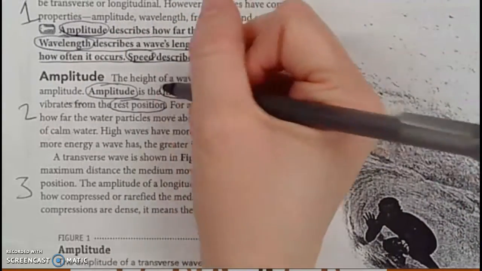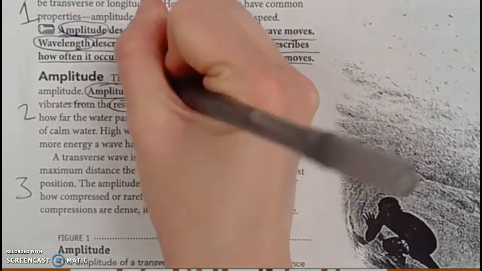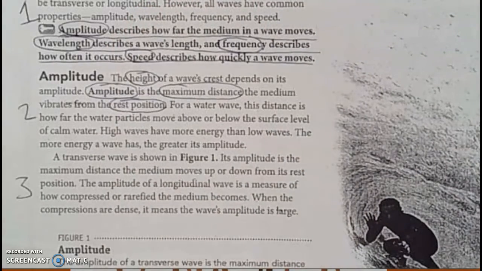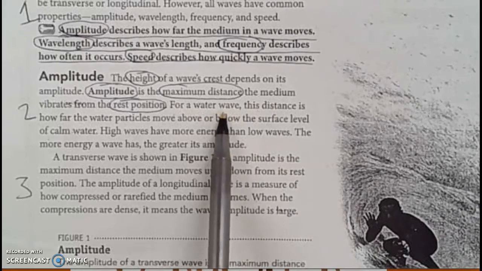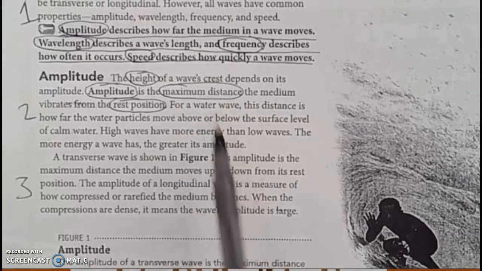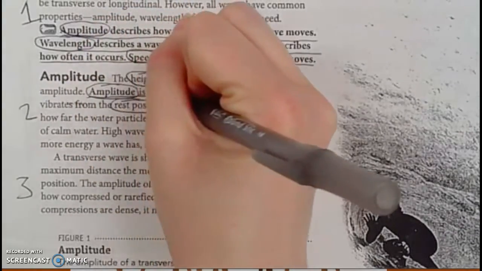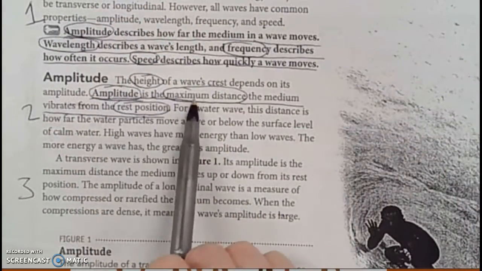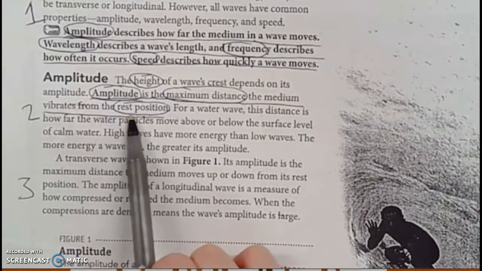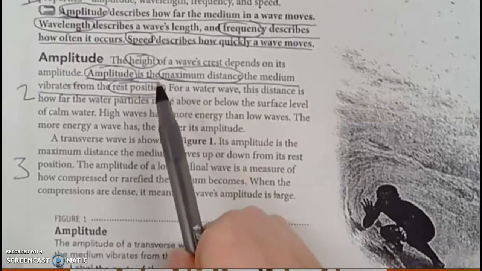And we also know that it is the height of a wave. Now, please be careful because it does give us an example of water wave, but that is an example, which means it is not the main idea sentence. Our main idea sentence is the definition of amplitude, which is amplitude is the maximum distance the medium vibrates from the rest position.